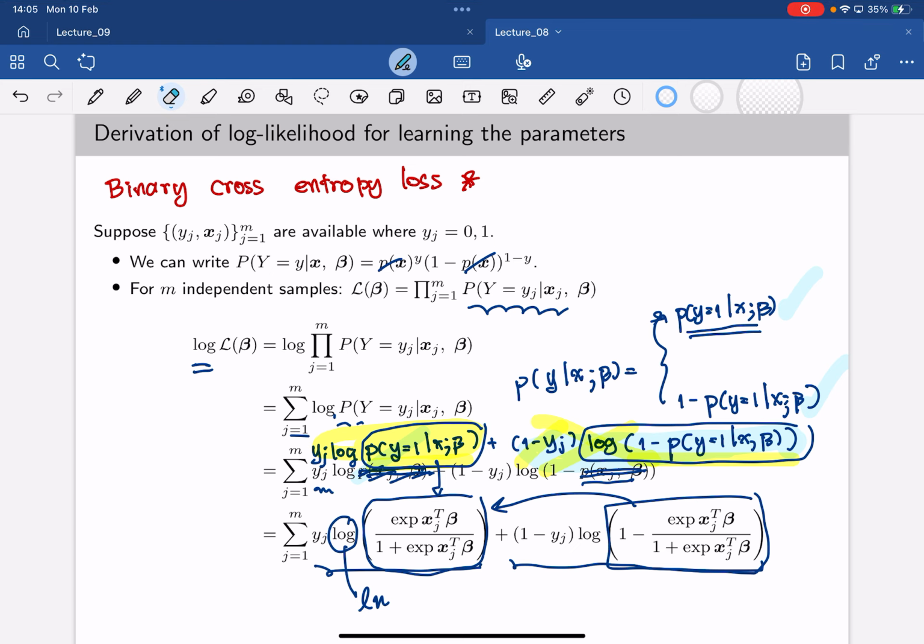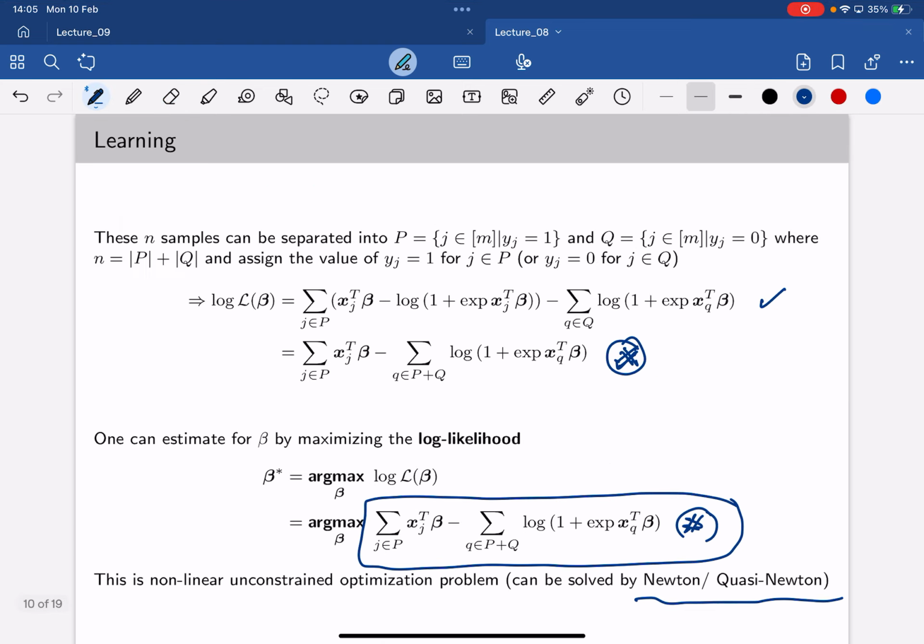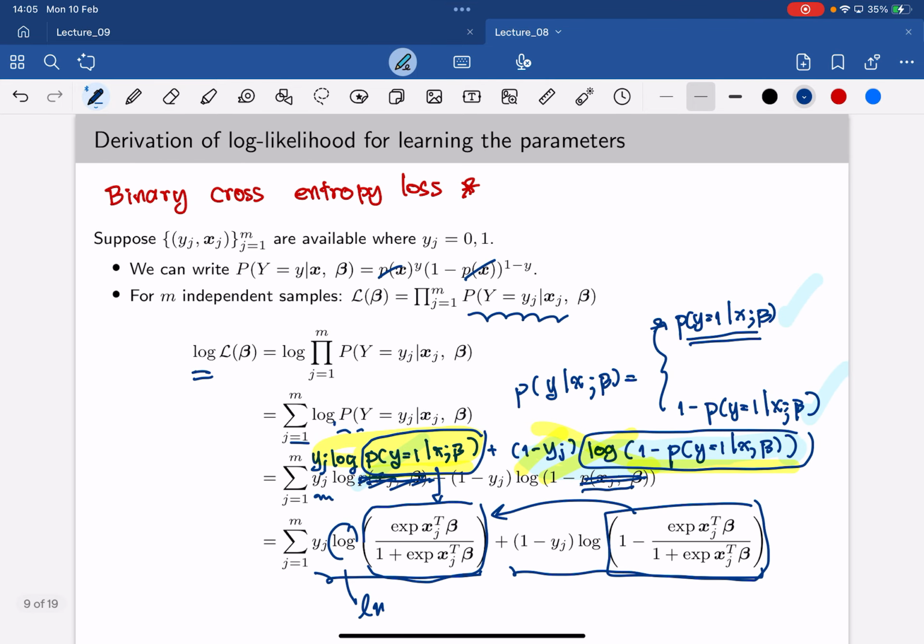If you define this log as having a natural base, then you can further decompose it into the following terms. Okay, I will go back and do it slowly.